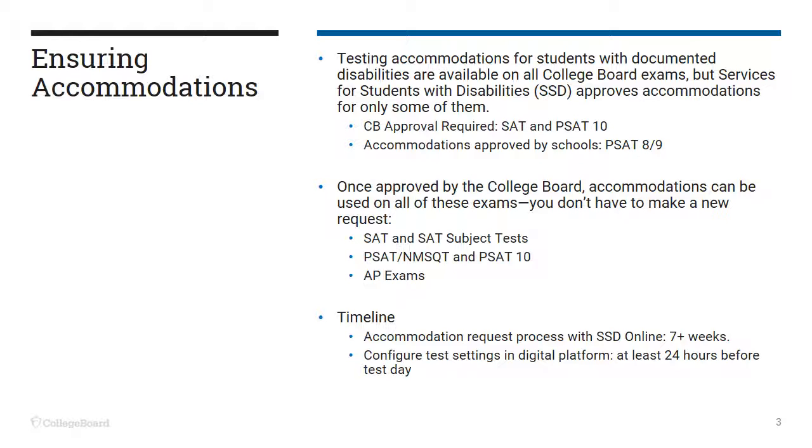Timeline: the request process can take 7 weeks and does not begin until all required documentation is received. If additional documentation is required, or if a request is resubmitted, approval can take 7 more weeks. It is recommended that all configurations in the test platform be set up at least 24 hours before test day.